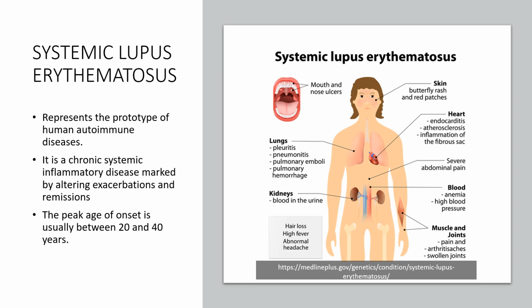Now, the peak age of onset is usually between 20 and 40 years of age. Women are much more likely than men to be stricken by this disease, by a margin of approximately 10 to 1. It is also more common in African Americans and Hispanics than in whites.